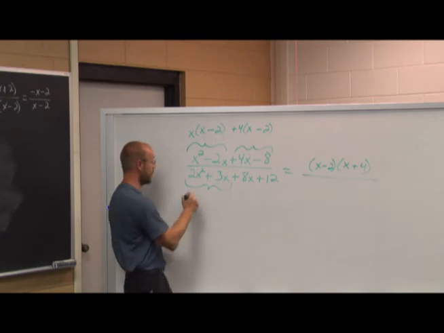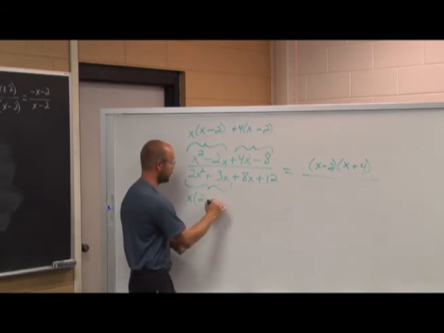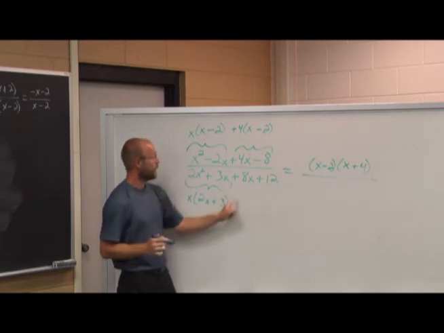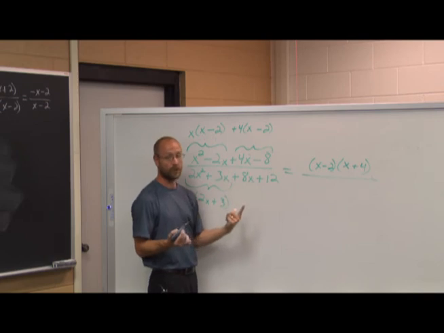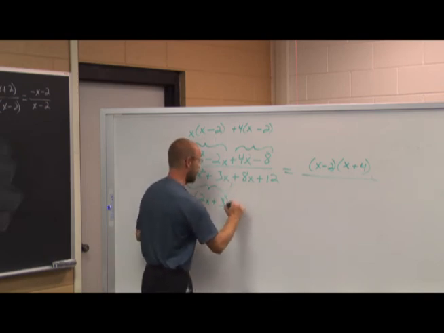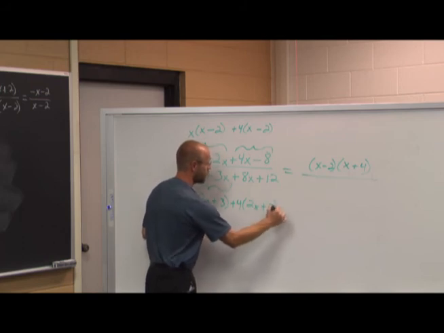What do these 2 terms have in common? Well, they each have an x, which would leave me with 2x plus 3. And now what do these 2 terms have in common? Well, I see 8 and 12 are both divisible by 4. I'm going to factor out a positive 4, and that leaves me with 2x plus 3.